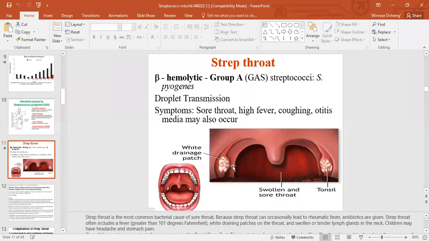We know we have the immune response in the mucous membrane around the cavity in the mouth, but they are able to overcome it and end up causing severe infection, more so in small children. They end up having a sore throat and high fever, because when we are mounting the immunological response, the cytokines that are released make us have the high fever when we are trying to fight this infection. There's coughing, and most of the time otitis media may also occur, the infection of the ears.